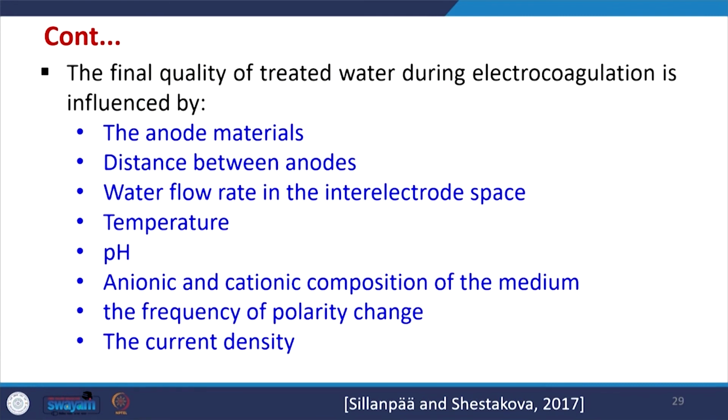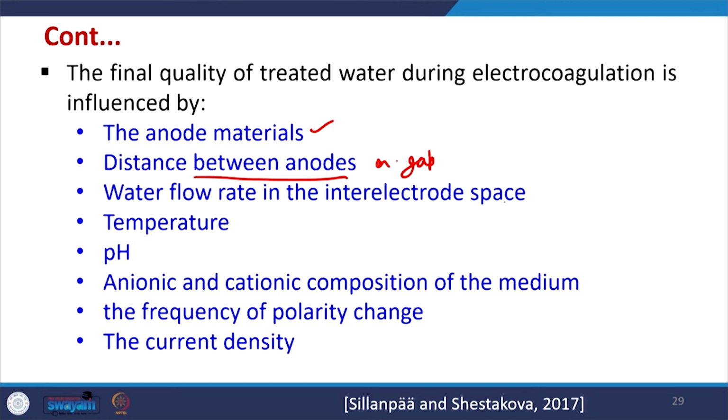The final quality of treated water during electrocoagulation will depend upon the type of anode material we are using, whether it is iron or aluminum or any other. What is the distance between the anode and cathode? This is called the gap between the electrodes. That gap is very important because it will tell what the resistance is, and how much is the flow of ions inside the water.